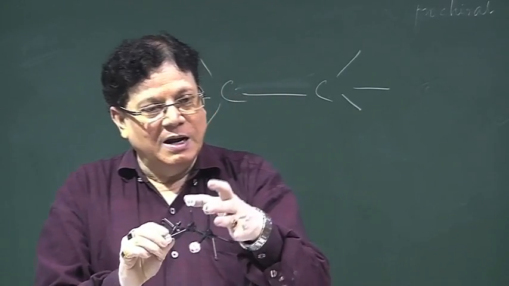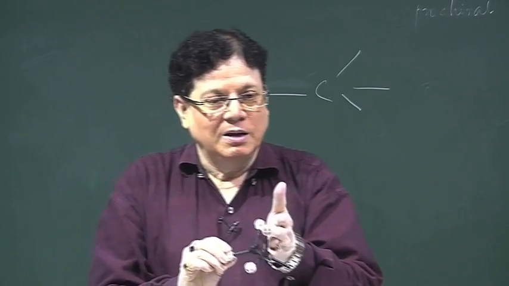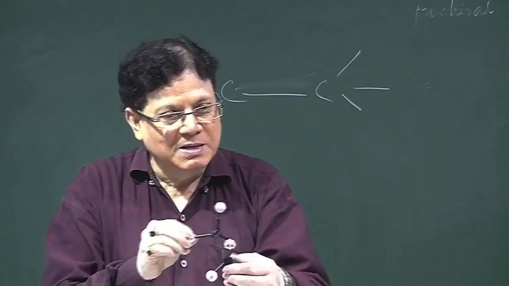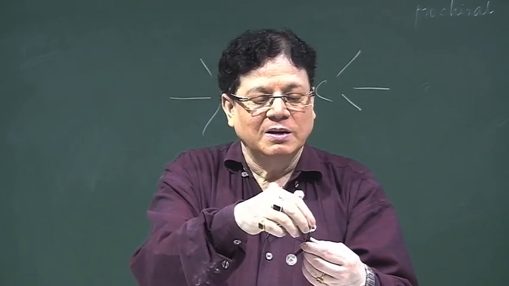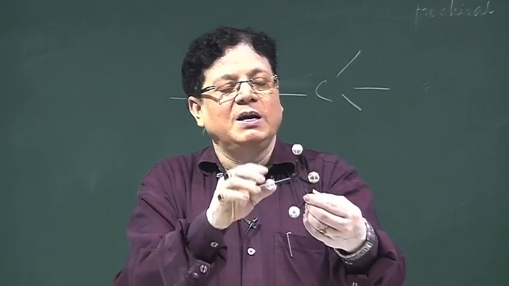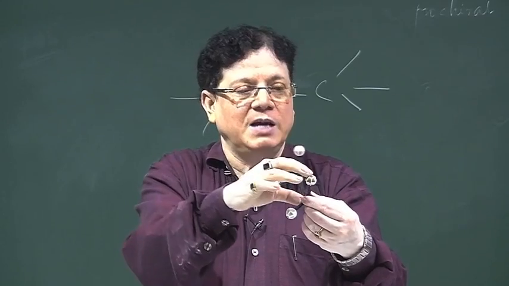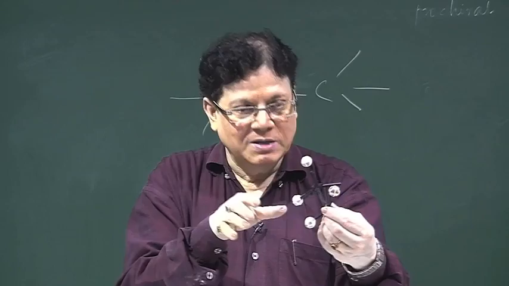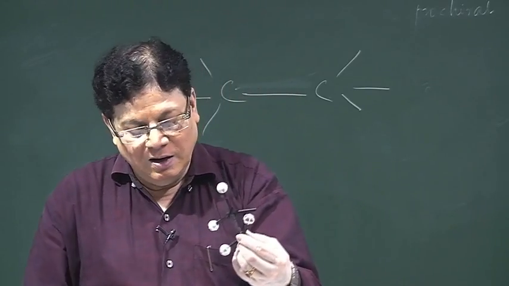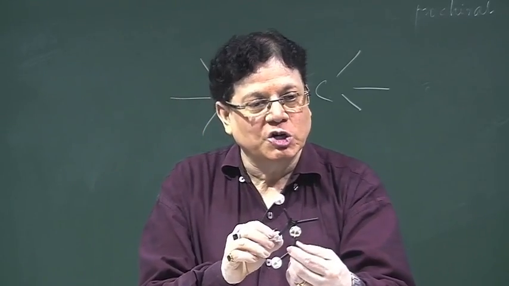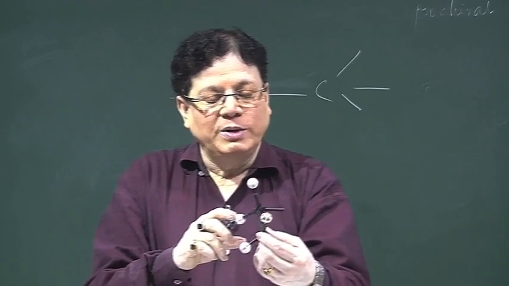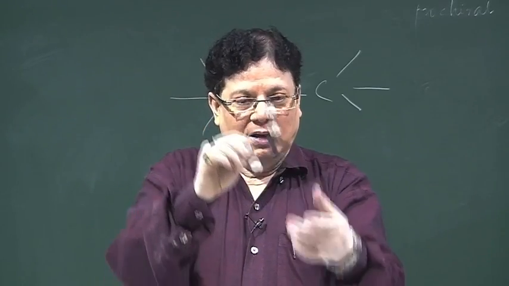The question is, while doing this rotation, the dihedral angle between these substituents. Dihedral angle means, again I repeat, the plane containing these atoms, but for simplicity we just look at these white bonds, that CH bond and that CH bond, and see what the angle between these two is. For simplicity, we call that the dihedral angle. Sometimes it is also called torsional angle, angle of torsion.